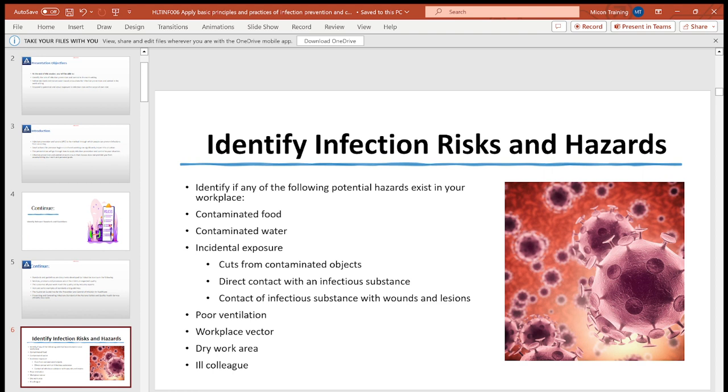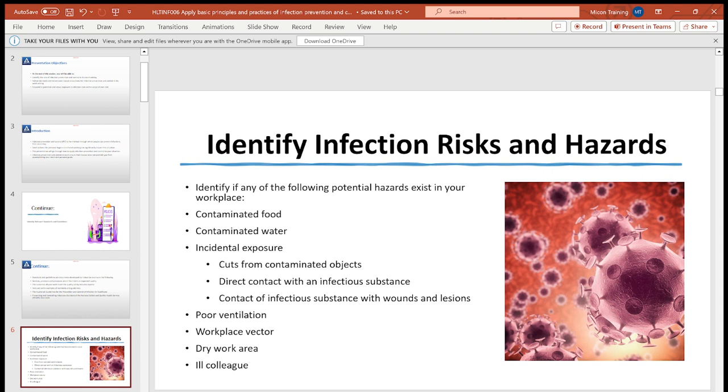Incidental exposure, cuts from contaminated objects. Most of us that are working in the aged care or even in the disability area, there might be time that we are supporting our client to do some personal hygiene that we are likely to cut ourselves.